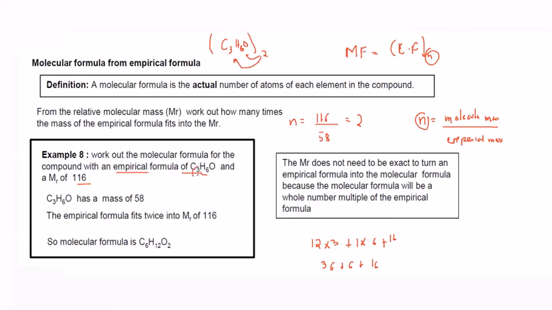Because it contains 3 carbon, 6 hydrogen, and 1 oxygen. And this 2 is also multiplied. So 3 multiplied by 2 is 6 carbon, 6 multiplied by 2 is 12 hydrogen, and 2 multiplied by 1 is 2 oxygen. So that is the molecular formula. Is it clear? So using empirical formula times n will give you the molecular formula. Is it clear? Yes.